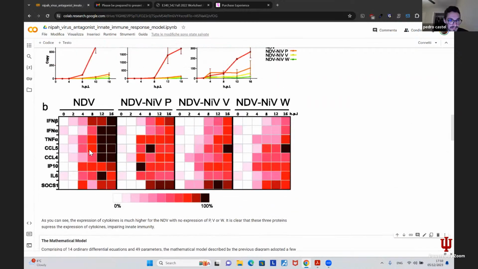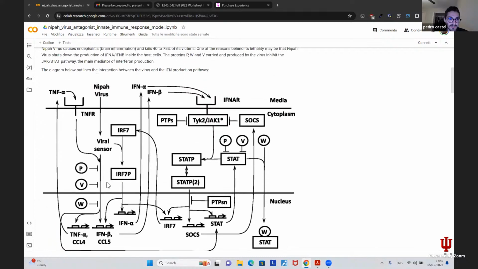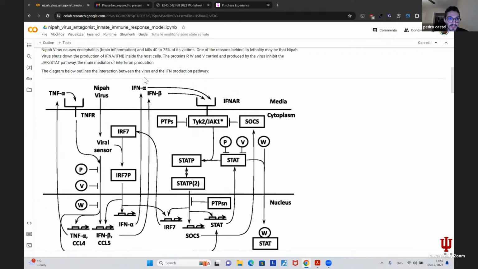So I'll go back to the diagram so you can see what's going on. Interferon, IFN alpha and IFN beta, bind to the interferon receptor and cause the phosphorylation of JAK1.